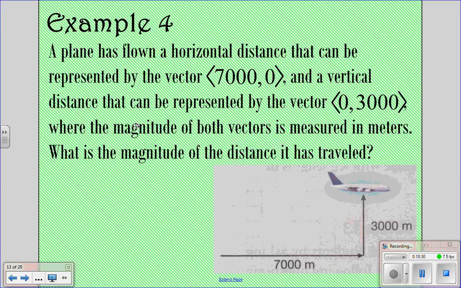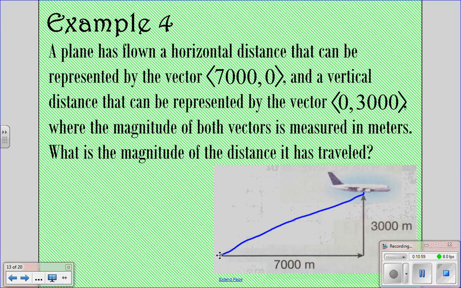So looking at this one, a plane is flying a horizontal distance that can be represented by the vector 7,000, 0, and a vertical distance that can be represented by the vector 0, 3,000, where the magnitude of both vectors is measured in meters. What is the magnitude of the distance that it has traveled? So the distance is going to be found by finding the length of that segment.